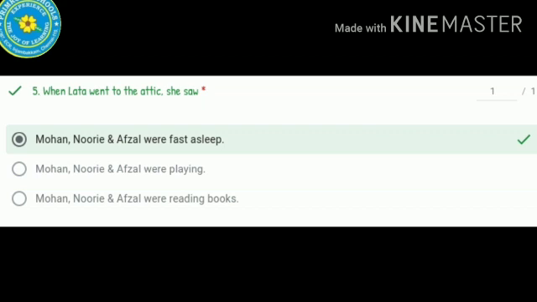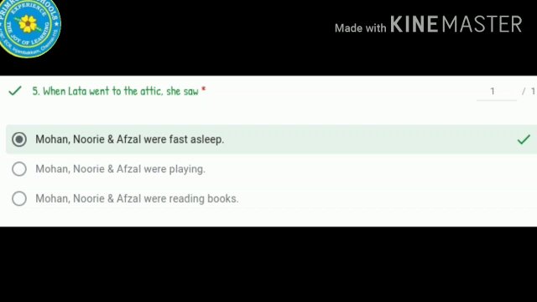She saw that Mohan, Noori and Afzal were fast asleep, which means they were sleeping up in the attic. So children, these were the questions asked in your Google form.